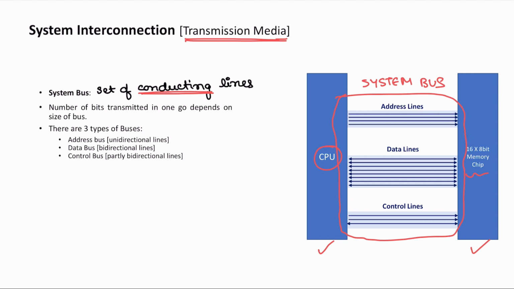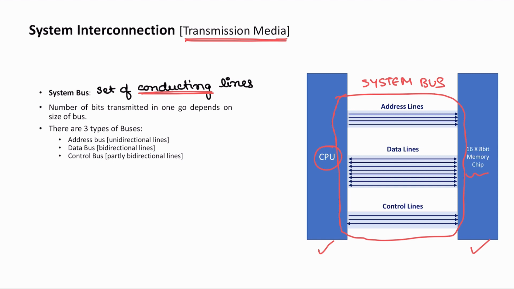This system bus is nothing but a set of conducting lines. Now you must be having this question: what exactly is a conducting line? As we understood in physics, a conducting line is a line that lets electricity pass through it.